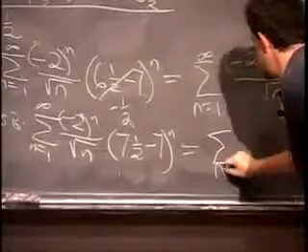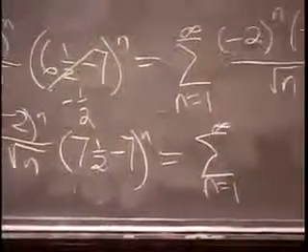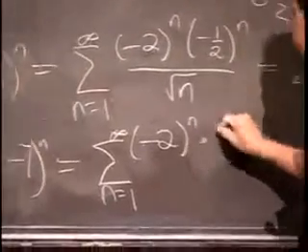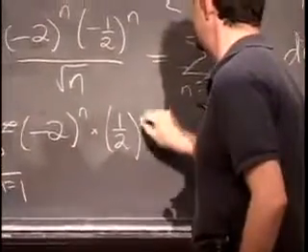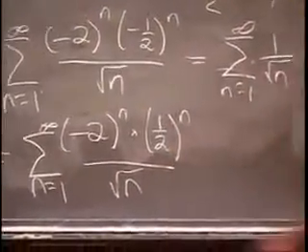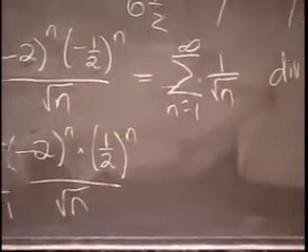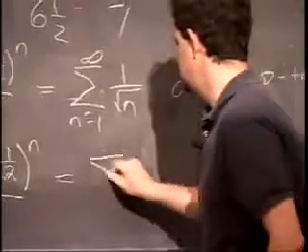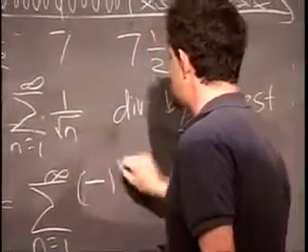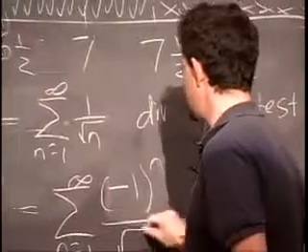So you get the sum from n equals 1 to infinity of minus 2 to the n times 1/2 to the n over root n. And now, minus 2 times 1/2 is minus 1. So you get the sum from n equals 1 to infinity of minus 1 to the n over root n.